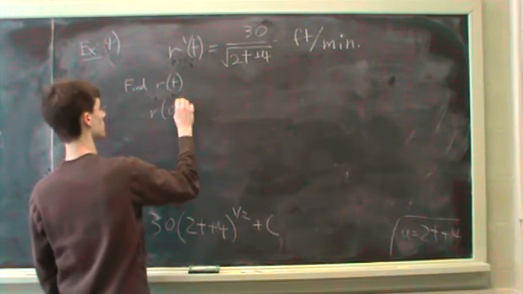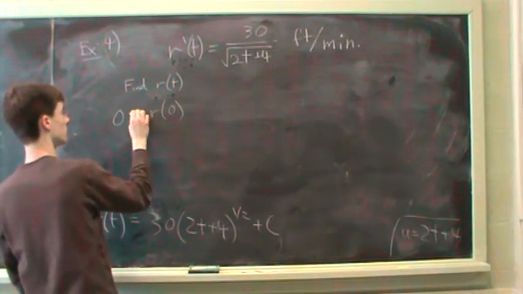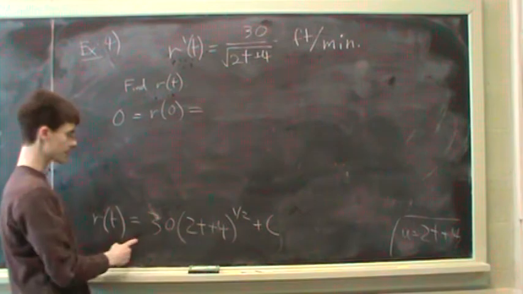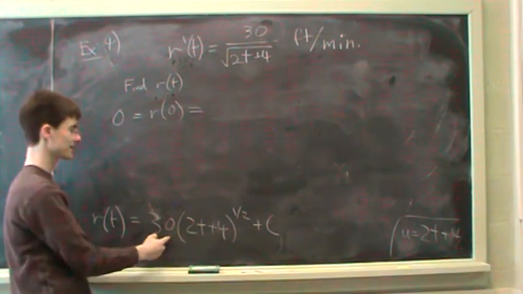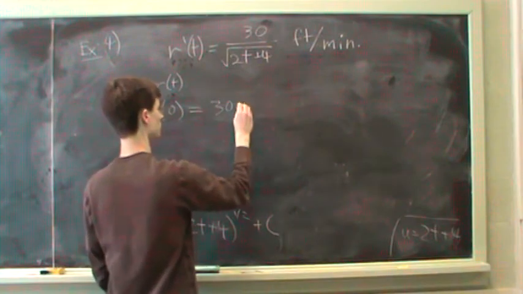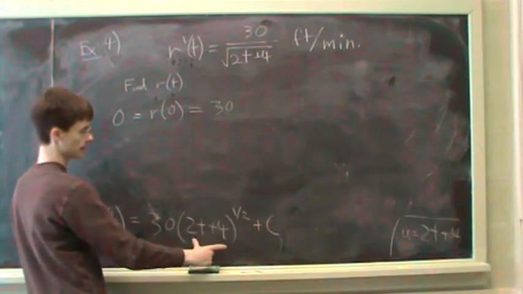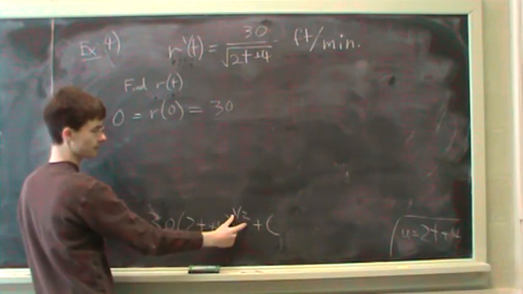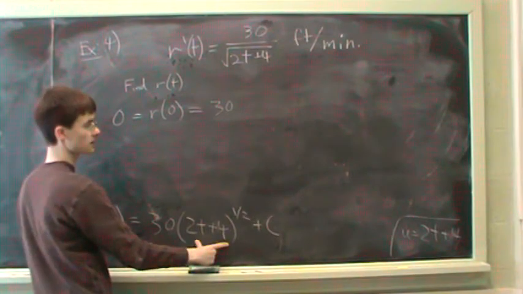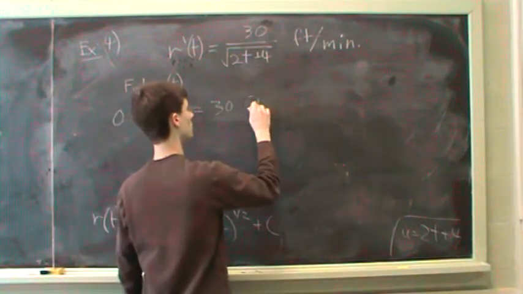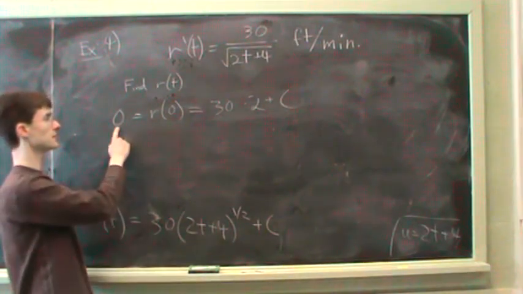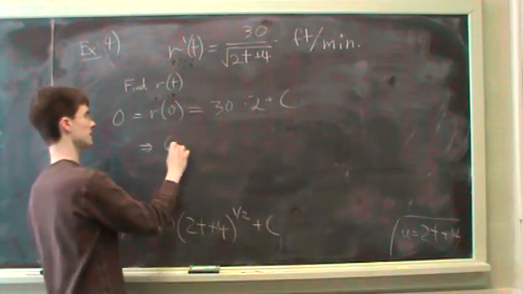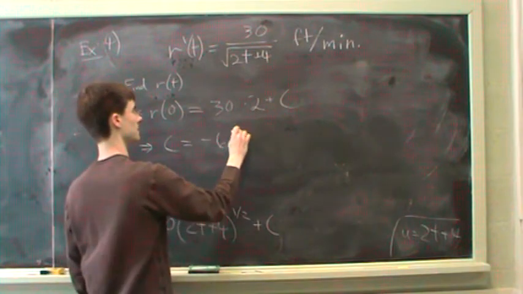So r of 0 will be 0 on one hand, and on the other hand, we have this expression for r, and we can plug in 0, and we get 30 times 4 to the 1/2, so the square root of 4 is 2. So we get 30 times 2 plus c has to be 0, which means that c is going to be negative 60.